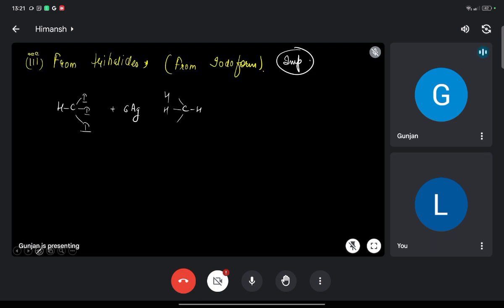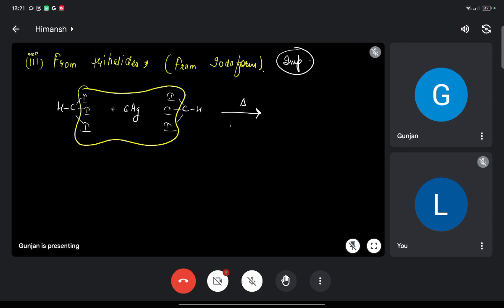Although the manner in which they present it will make us feel like we don't know this reaction, this is how it is actually taken in the simple form. So CHI3, 6 Ag, 6 AgI remove out, and we get HC triple bond CH. Got it or no? Tell me, Himansh. I got it, ma'am.